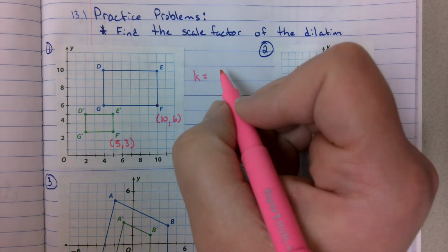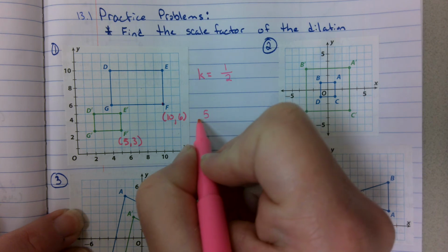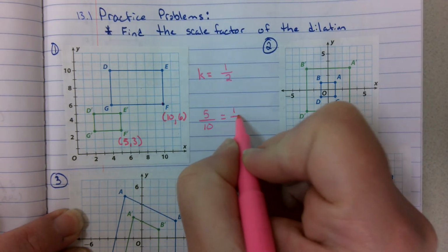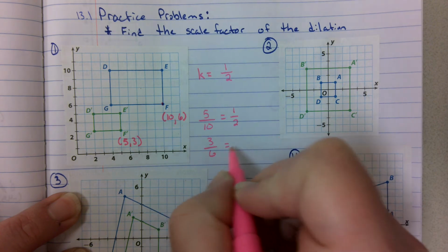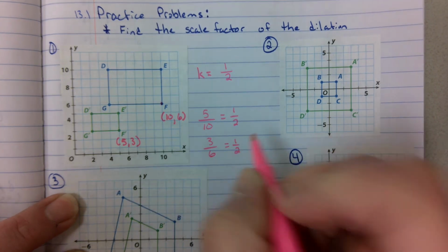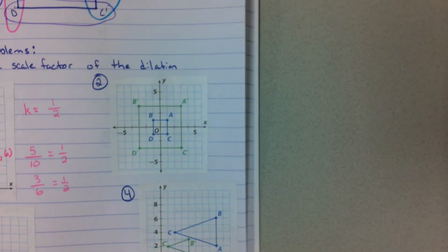All right, you should have gotten that K is 1/2 because 5 over 10 simplifies to 1/2, or you could have used 3 over 6 and still you would have gotten 1/2. Hopefully you did really well on that one. Next, number 2.